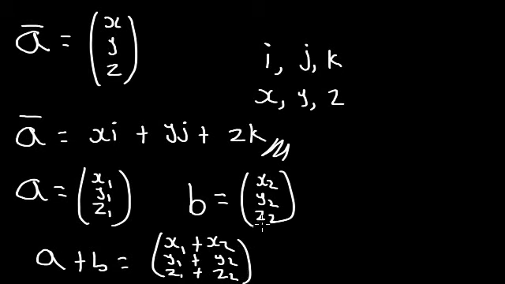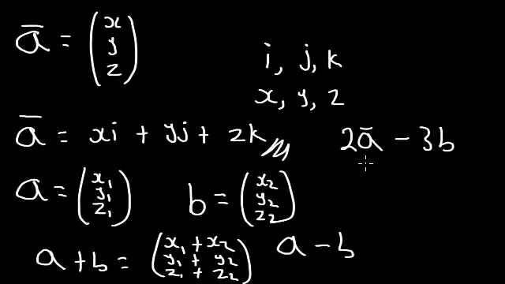This process also works if you have to compute A minus B. The only difference is that instead of having positive signs, you'll be having negative signs. So what if instead you have to find something like 2 multiplied by vector A, then minus 3 multiplied by vector B? Which means you must compute 2A first, also 3B, before subtracting them.